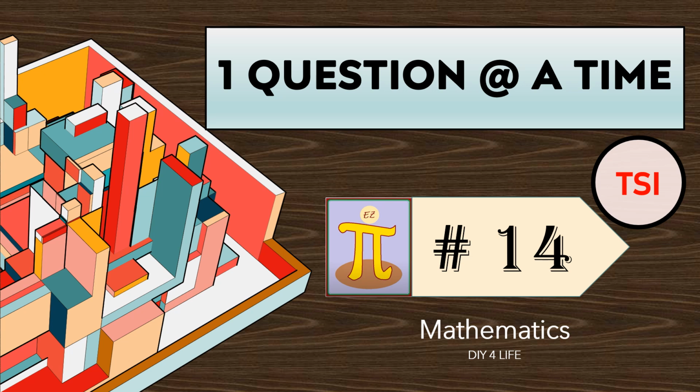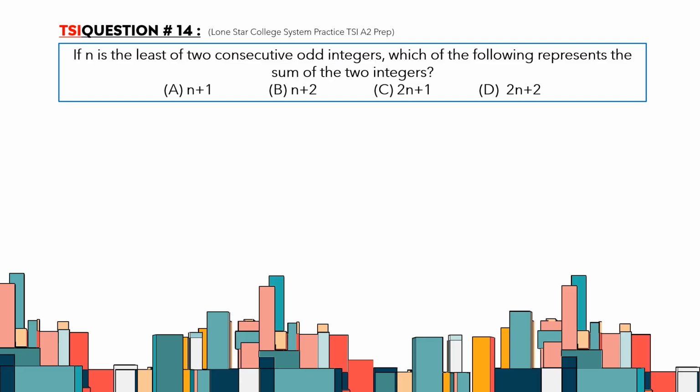Question number 14. If n is the list of two consecutive odd integers, which of the following represents the sum of the two integers?